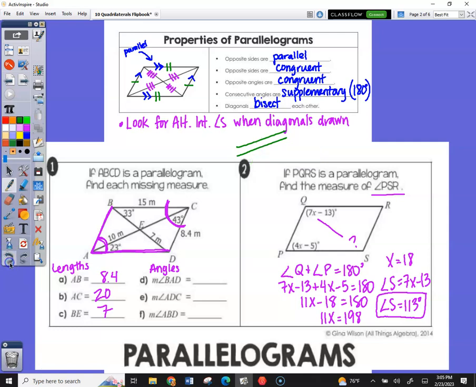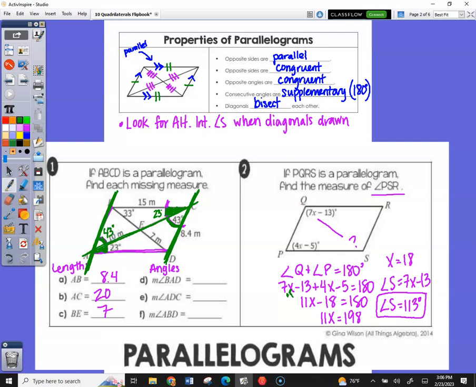So if you look at this picture right here, this diagonal is the transversal between these two parallel lines. You with me? So if this is 23 here, then this is what? 23 as well. And if this is 43 here, then this would have to be 43 as well.